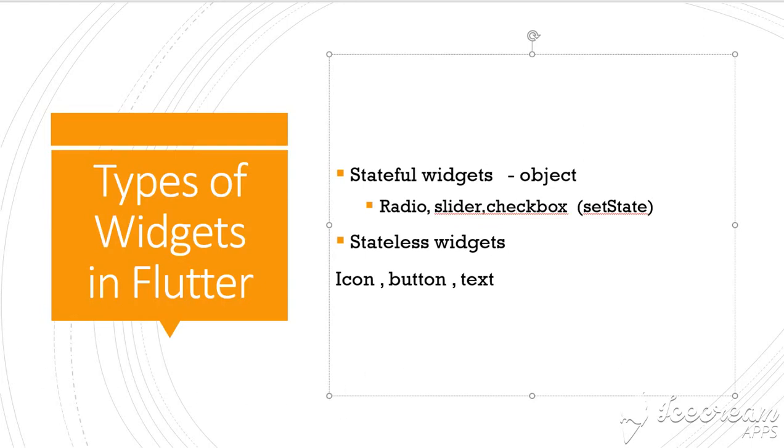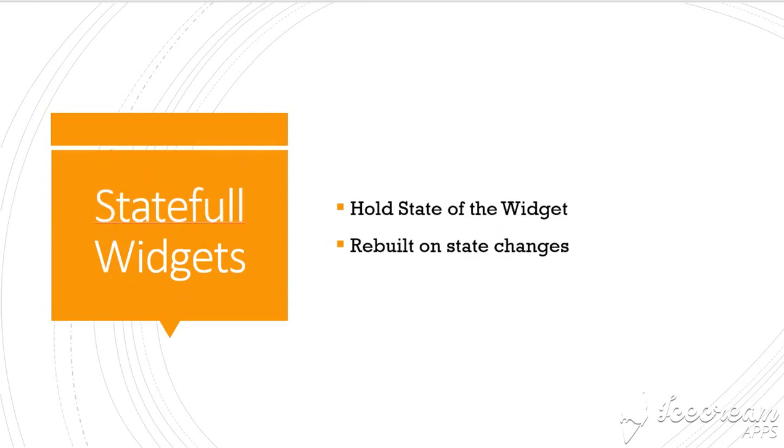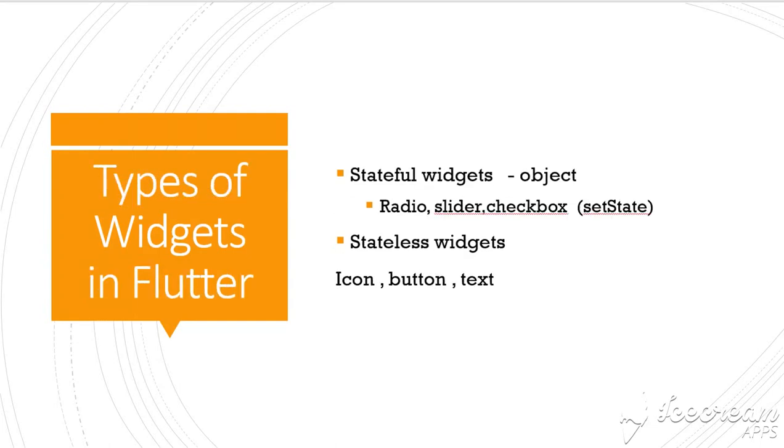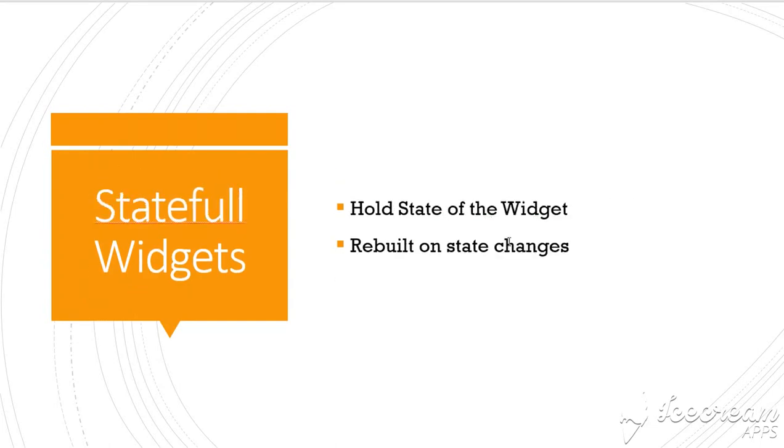So let's go ahead. You can also be asked, what is a stateful widget separately? As I said here in this slide, a stateful widget is a widget that holds the state of the widget, and it rebuilds on the state change.